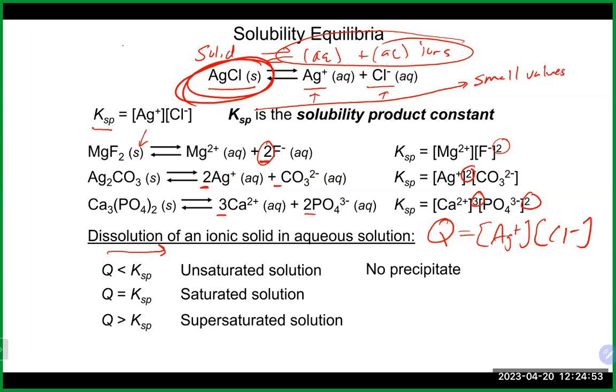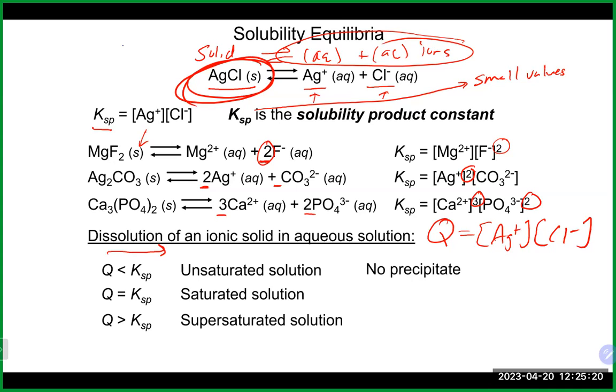An unsaturated solution is one where you have not hit the saturation point, which means if you put more solid in there, it should continue to dissolve until you hit the saturation point, which is a saturated solution. A saturated solution is one where you've hit, at that temperature, the maximum amount of solid that you would be able to dissolve in that solvent.